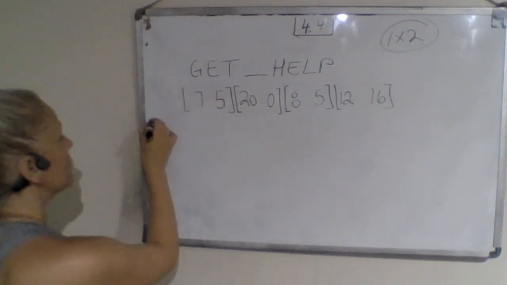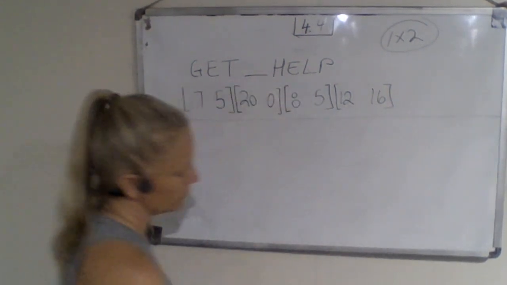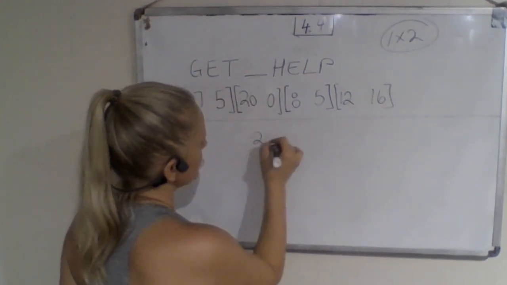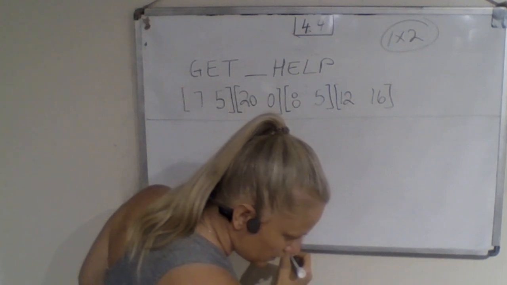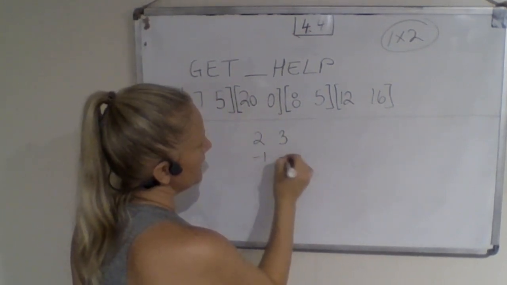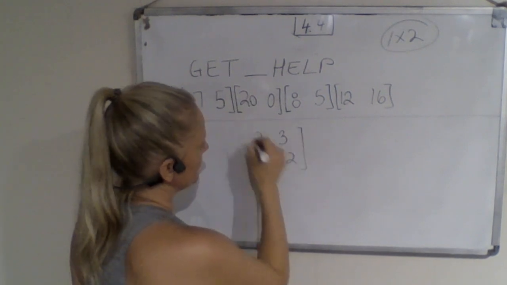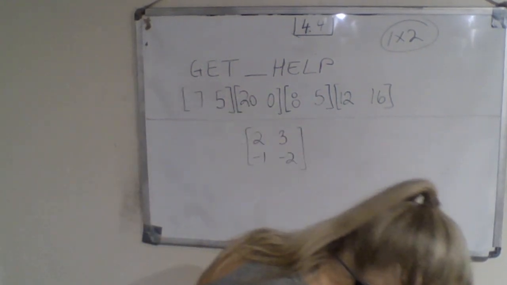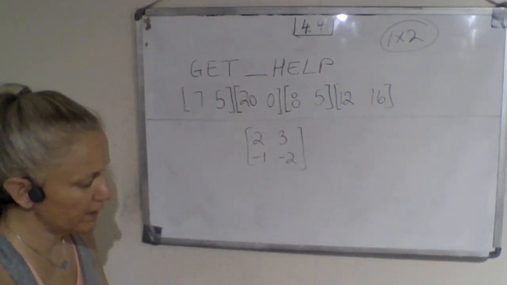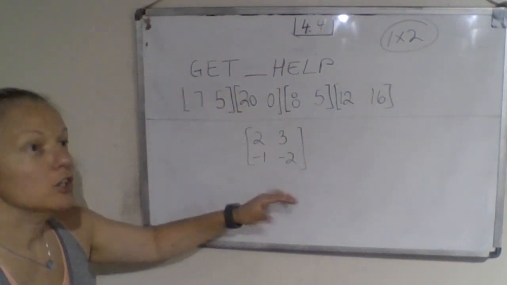Example 5, which I'm going to draw the line here and do 5, says use the matrix 2, 3, -1 and -2. This is a 2 by 2 matrix. To encode the message "get help", you want to make it from here to numbers.